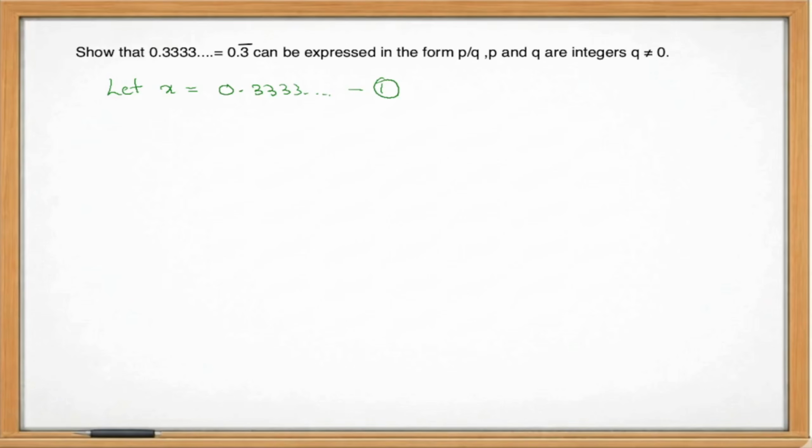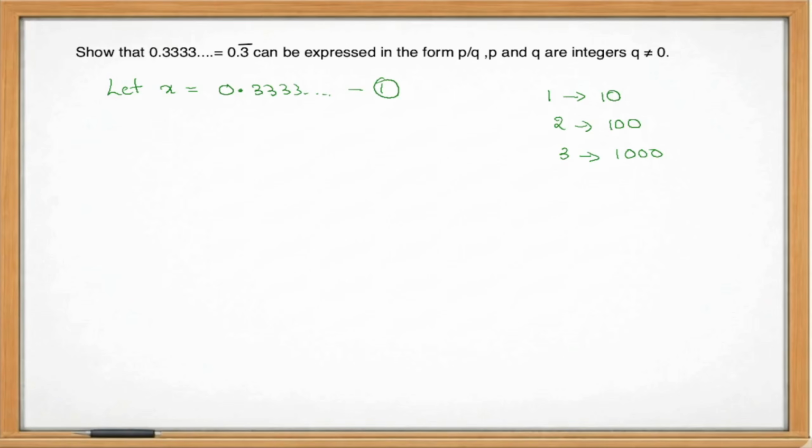Since after this decimal point only one number is repeating, when one number is repeating, we multiply it with 10. If two numbers are repeating, we multiply it with 100. If three numbers are repeating, we multiply it with 1000. So keep this in mind because this type of questions are very important.